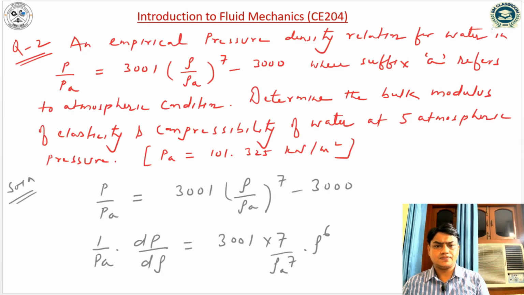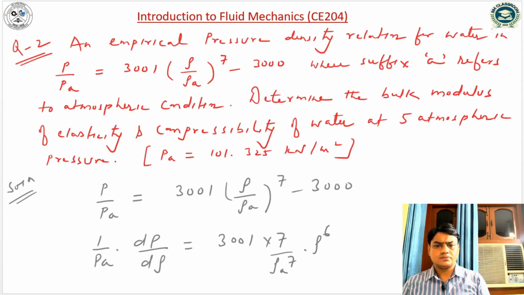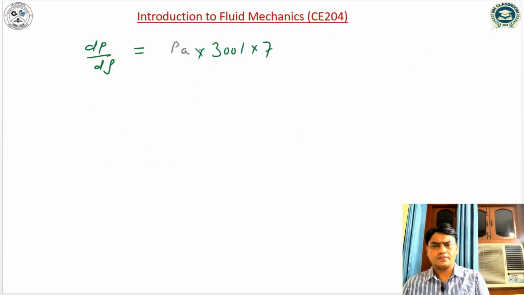PA into 3001 into 7 divided by rho A, and the expression of bulk modulus is dP divided by d rho by rho.